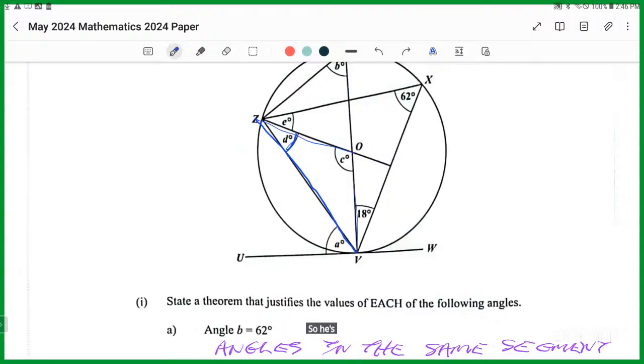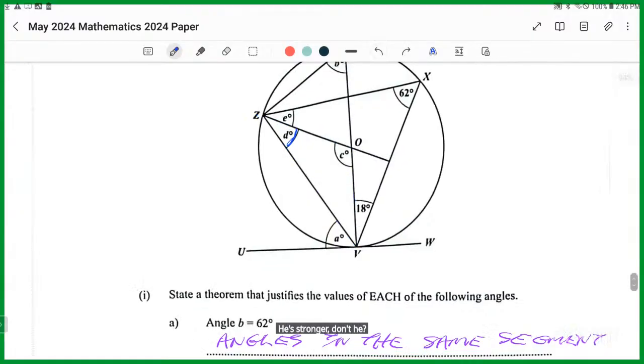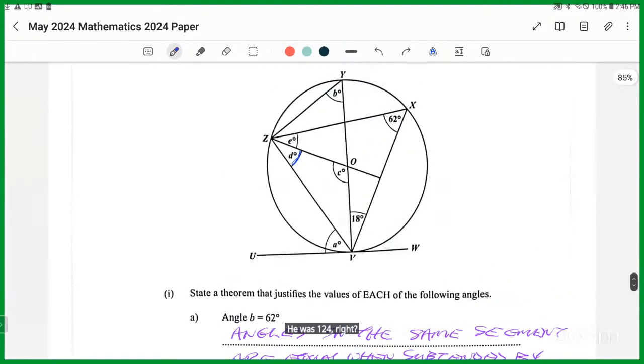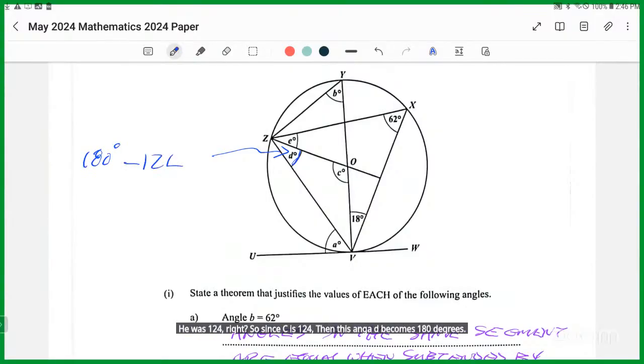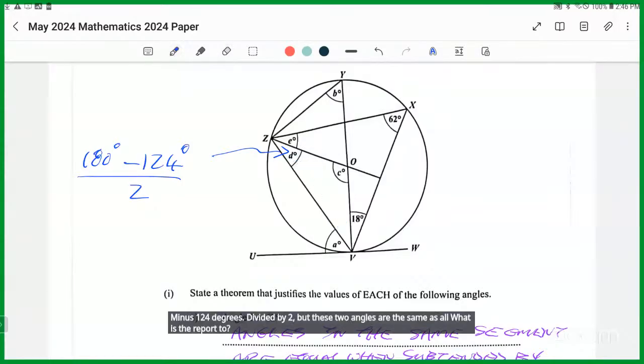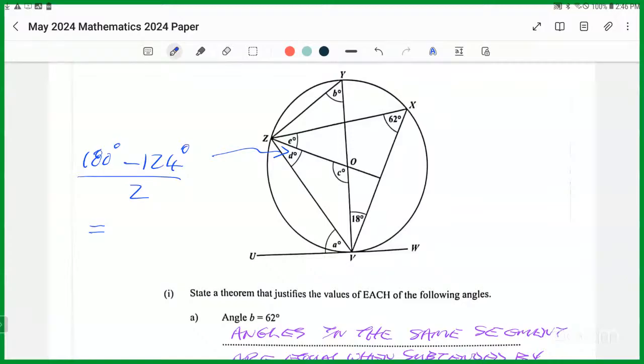C was 124, so angle D becomes 180 degrees minus 124 degrees, divided by 2, because these two angles are the same. So what does it work out to? 28 degrees.